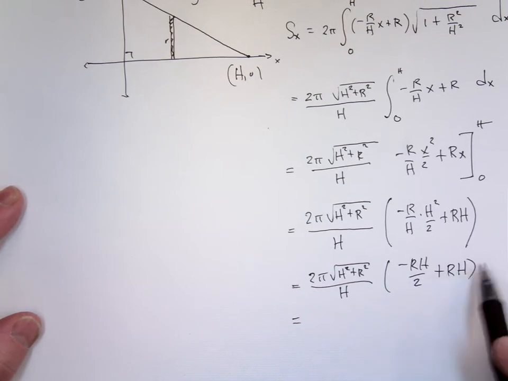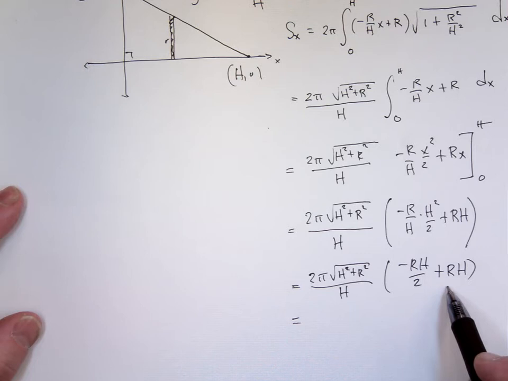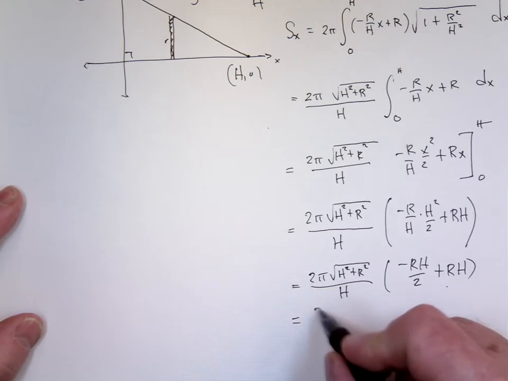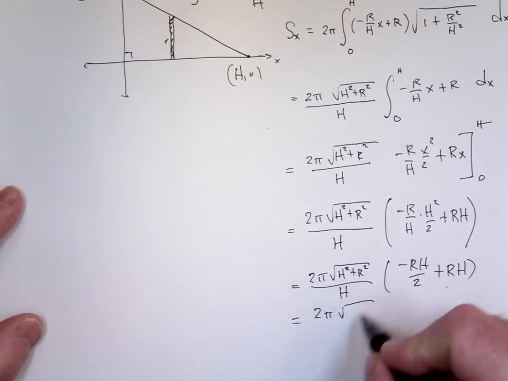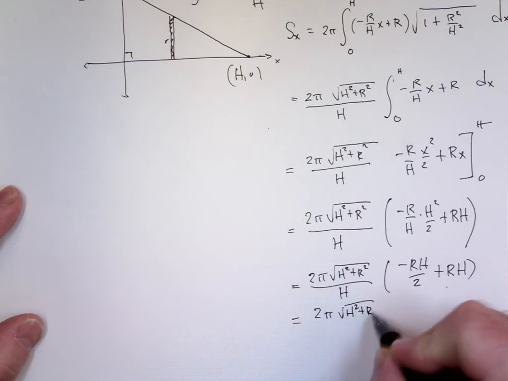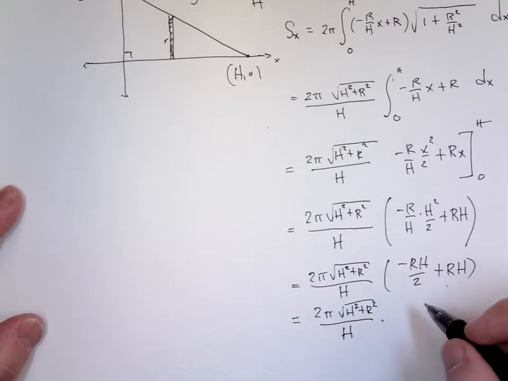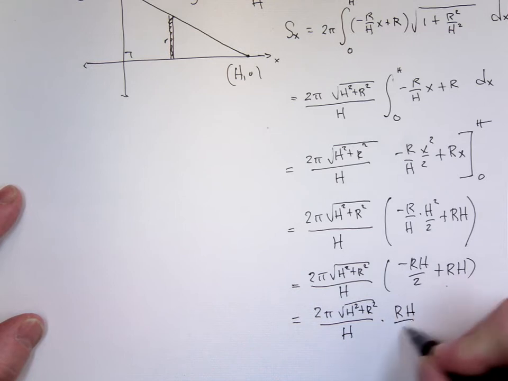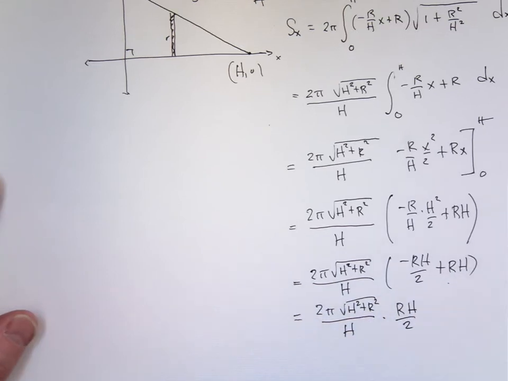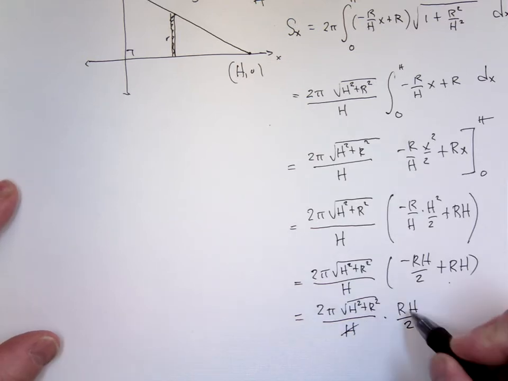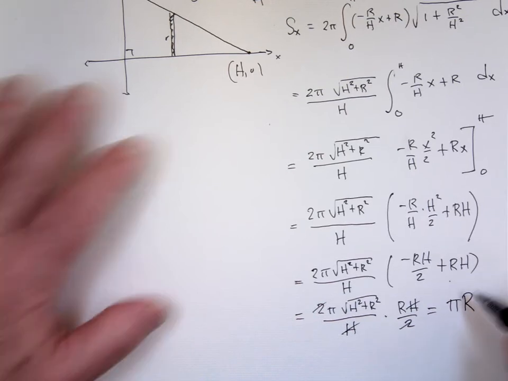So you get 2 pi square root of h squared plus r squared over h times rh over 2. That's what this is. Holy mackerel. So h's cancel, 2's cancel. We get pi r square root of h squared plus r squared.